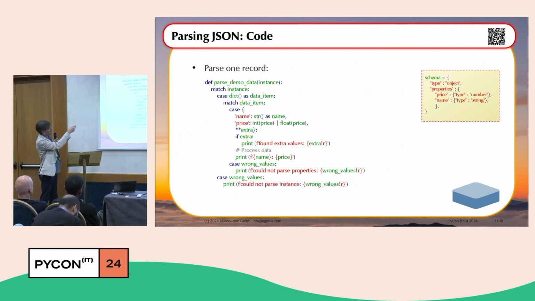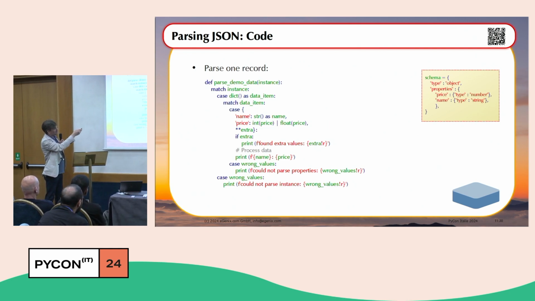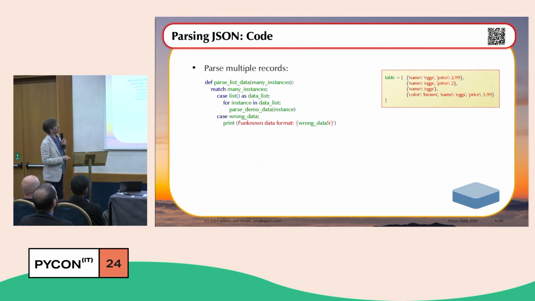So what you see here are typical patterns. You match things. You put the matched data into variables, so you can do both the parsing and the actual processing in a single step, which is nice. And you can also do easy error processing, right? If you find things that shouldn't be there, or you find that certain types don't match, you can do error processing directly in here.